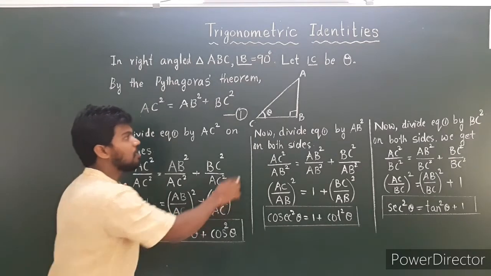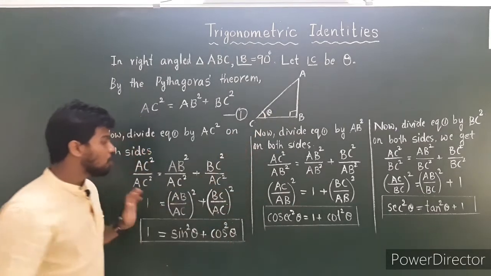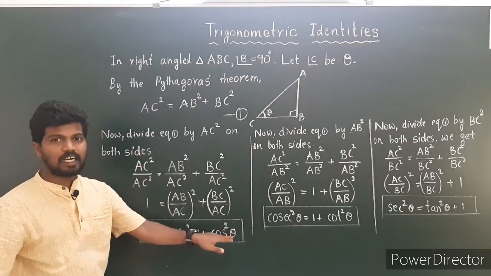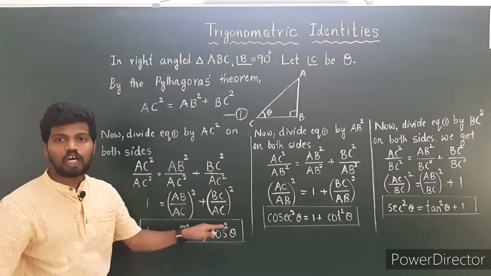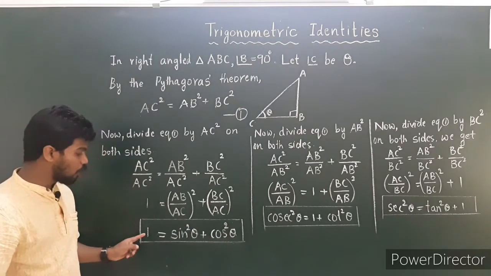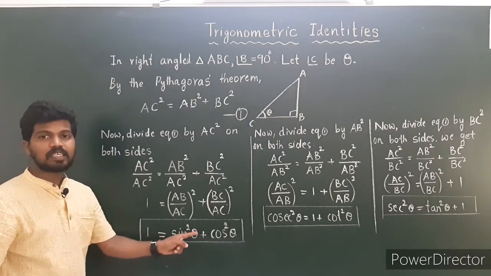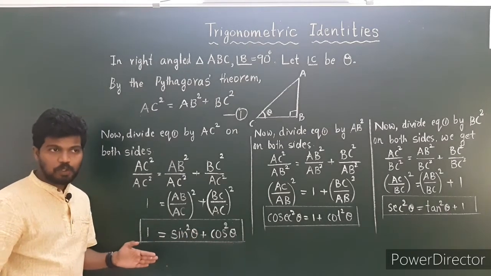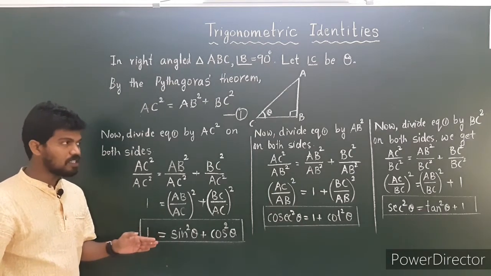Similarly, what is BC? It is the adjacent side, and AC is the hypotenuse. Adjacent side by hypotenuse is cos theta, so cos square theta. That means 1 is equal to sin square theta plus cos square theta. So this is the first identity: sin square theta plus cos square theta is equal to 1.